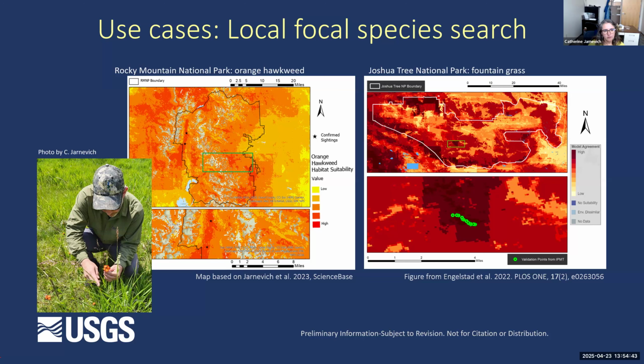We looked in locations predicted as highly suitable and found a couple new locations for that species. We have another example from Joshua Tree National Park with fountain grass, where they looked at the model for suitability and went and looked in an area that they hadn't looked at for fountain grass and found some new locations that they hadn't been aware of.